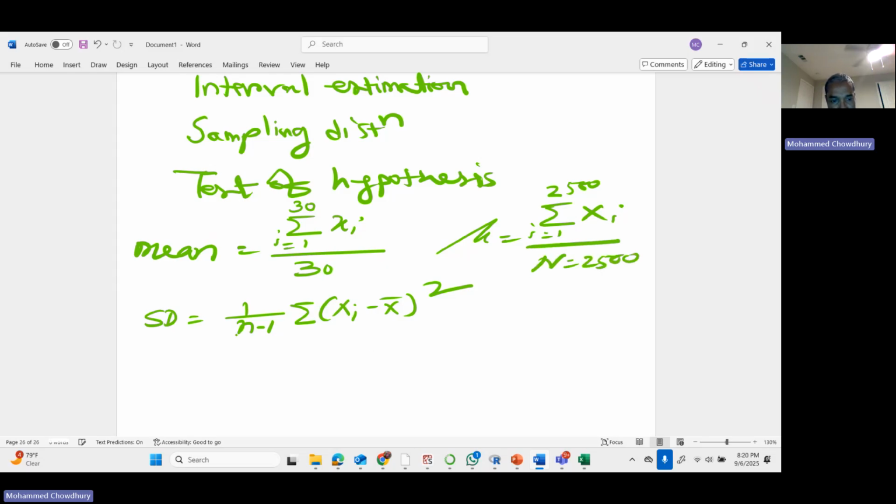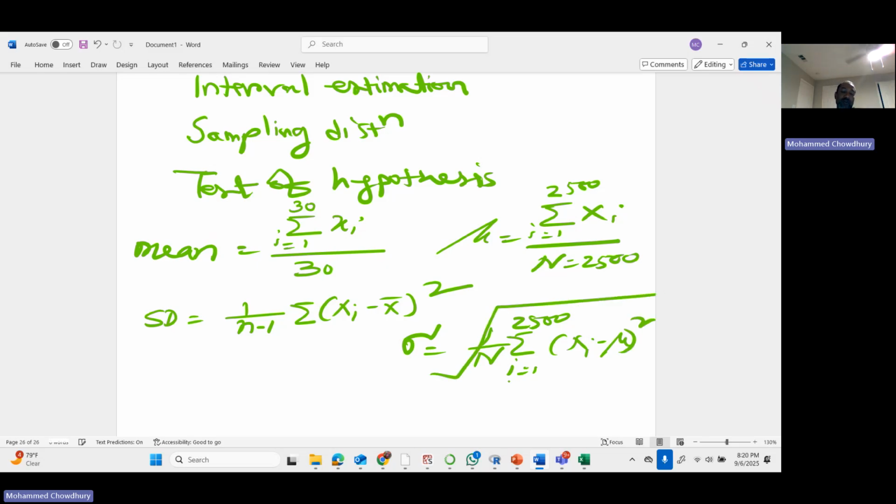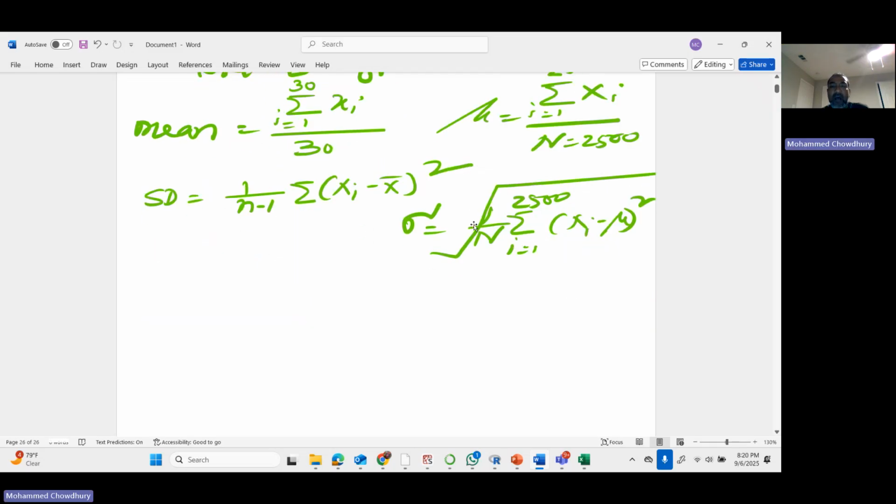And then similarly, if someone asks me to find the standard deviation, then it will be the square root of 1 over capital N times the sum from i goes 1 to 2500 of xi minus mu whole squared. So this is the way you can compute the mean and standard deviation for the population. In here, mean and standard deviation, and this is for the sample.